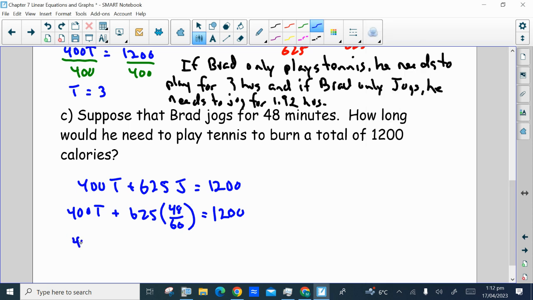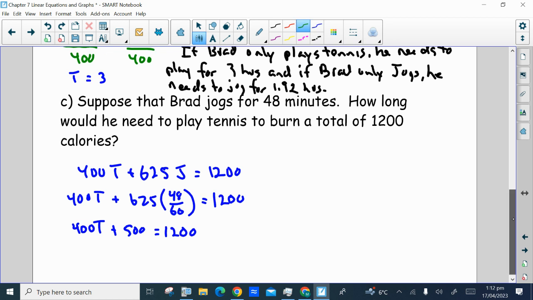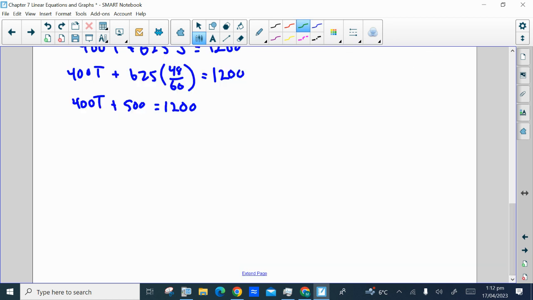So 400t plus 500 will equal 1200. We now need to solve for t. So we can subtract the 500 from both sides, and that'll give us 400t on the left equaling 700 on the right.